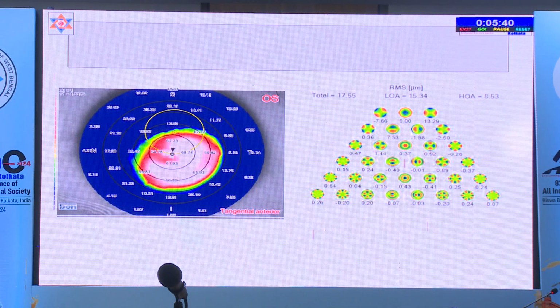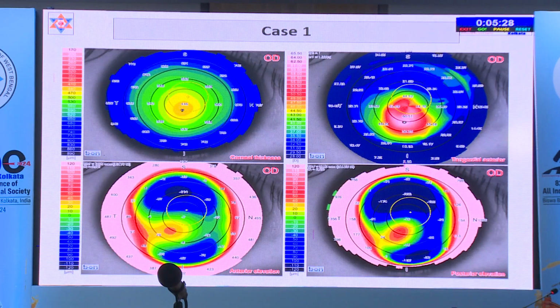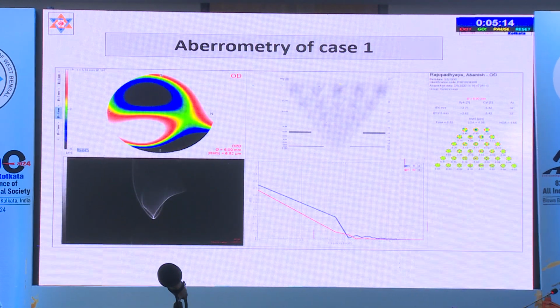As your cone and your cornea is thinning down, the curvature is increasing and it's becoming more steep. The more the high order aberration increases, that also leads to an increase in the spherical aberration. These are the photographs of cases where you have the topography, where you can see that there is the cone. This is the cone, this is the posterior elevation.